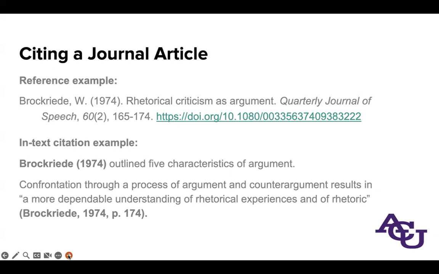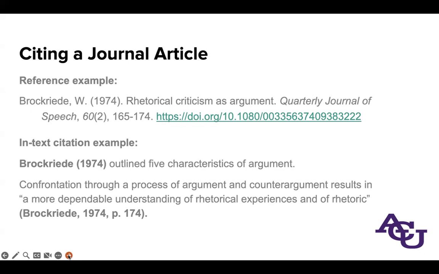Next, we need to provide information about the larger journal in which the article was published. So this time we put the title of the journal and we use what we call regular title case. Title case means that you're going to capitalize all the major words, including prepositions and conjunctions of more than 4 letters.